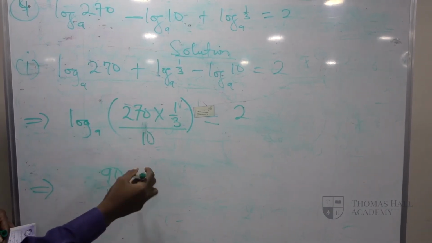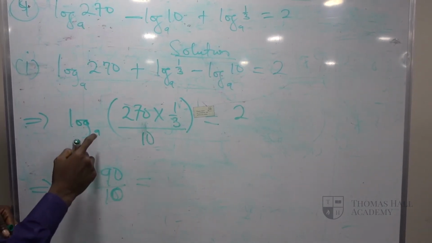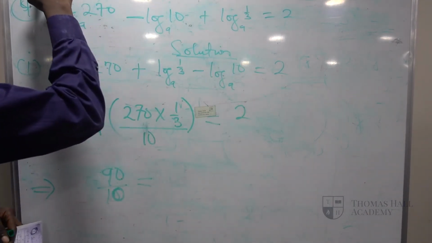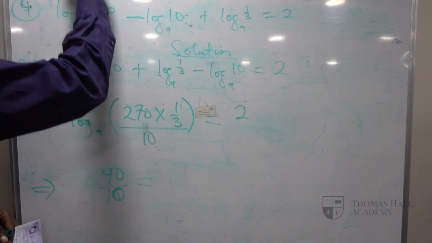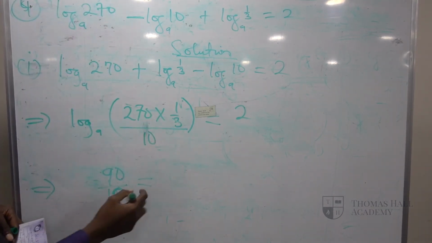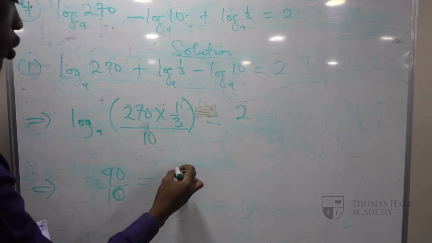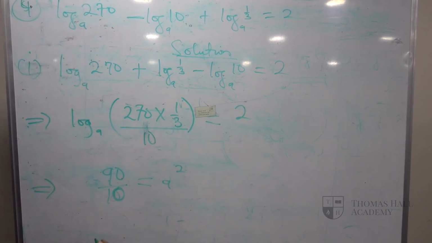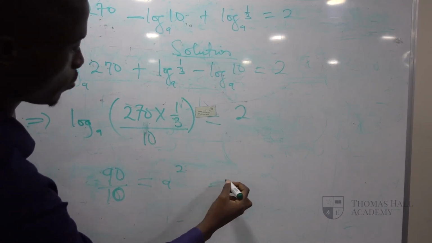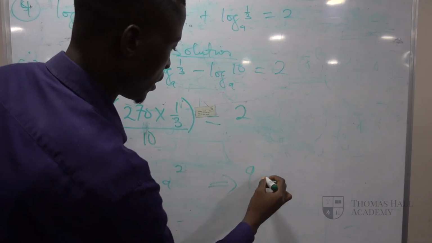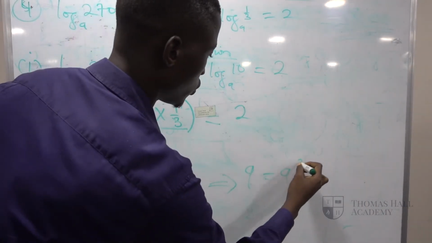All over this 10 is equal to, this A now comes here and pushes 2 up, just like we've learned here. 2 comes here and pushes this one up. So this equals A raised to power 2, based on what you have learned here. 90 over 10 becomes 9, equals A to the power 2.